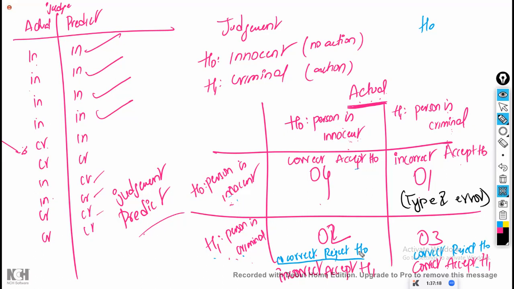Incorrect rejection of H naught is called type 2 error. Incorrect acceptance of H naught is called type 1. Incorrect rejection of H naught is called type 2. Right? And this is the data set and these are the values.